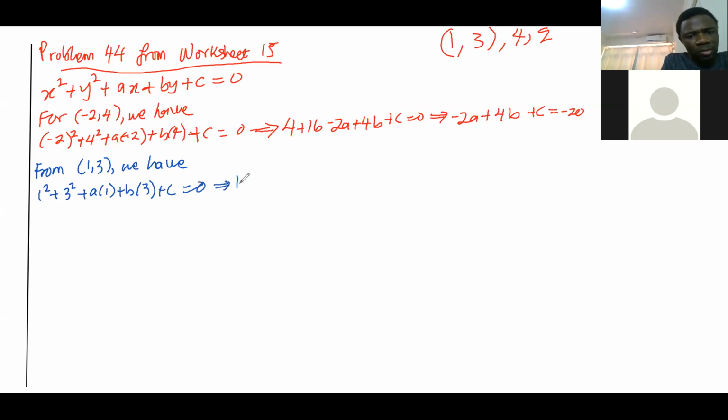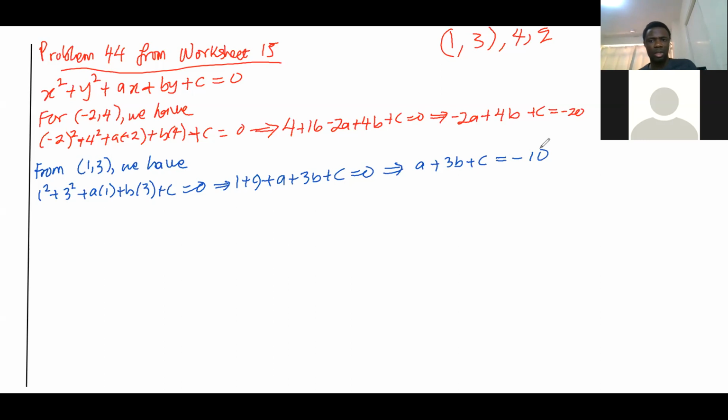This implies 1 plus 9 plus a plus 3b plus c equals 0. And there we have the equation a plus 3b plus c equals -10. So that's the second equation.